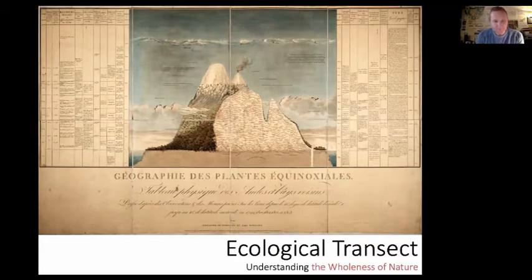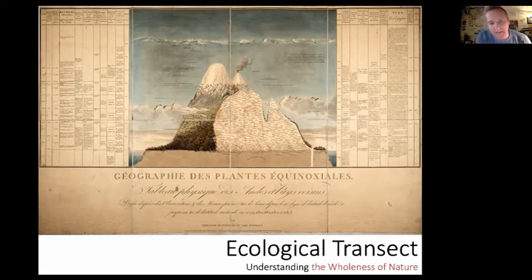And so this drawing actually shows a section that's cut through the entire South American continent at the equator at Ecuador. And in the notes that you see on the left and on the right are all these different observations about species and biodiversity that Alexander von Humboldt made during his travels to Ecuador and to South America.